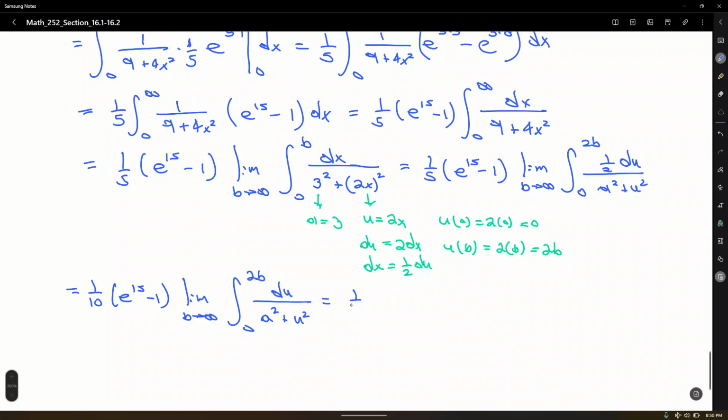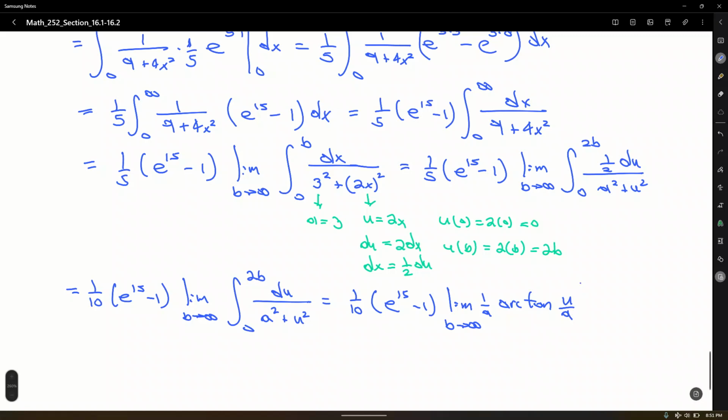So that's going to give us 1 over 10 e to the 15 minus 1 times the limit as b approaches infinity of 1 over a arctangent of u over a.